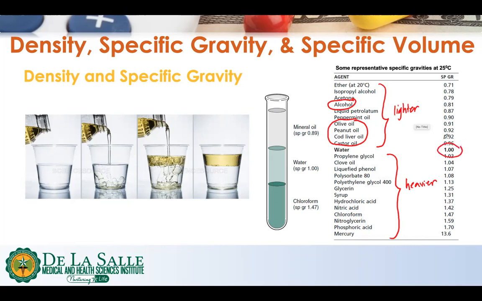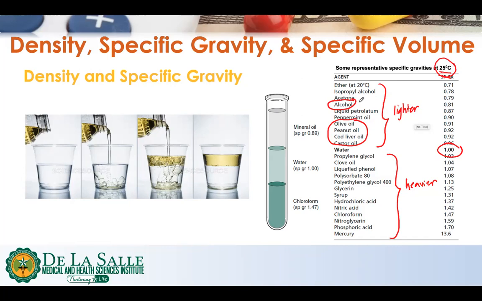Water is known to have a specific gravity equal to 1, especially when its temperature is determined at 25 degrees Celsius. Most specific gravities of substances are determined at the standard temperature of 25 degrees Celsius, although other substances will require other temperatures.